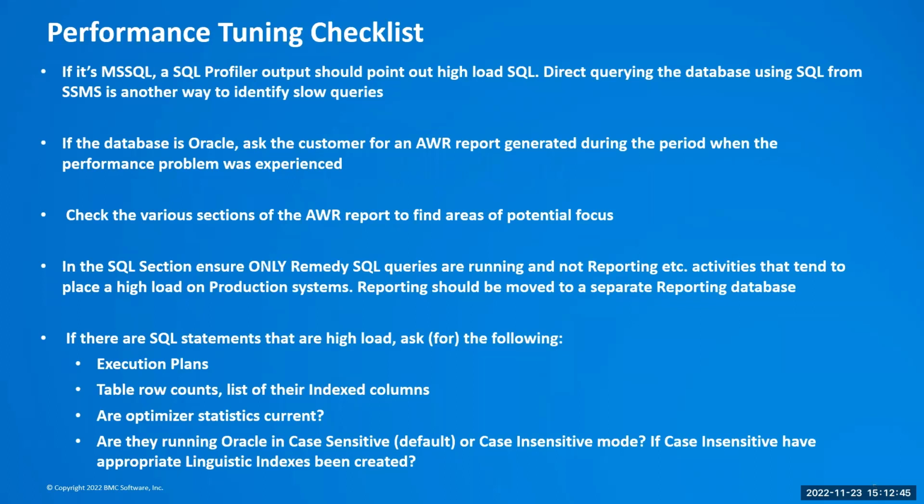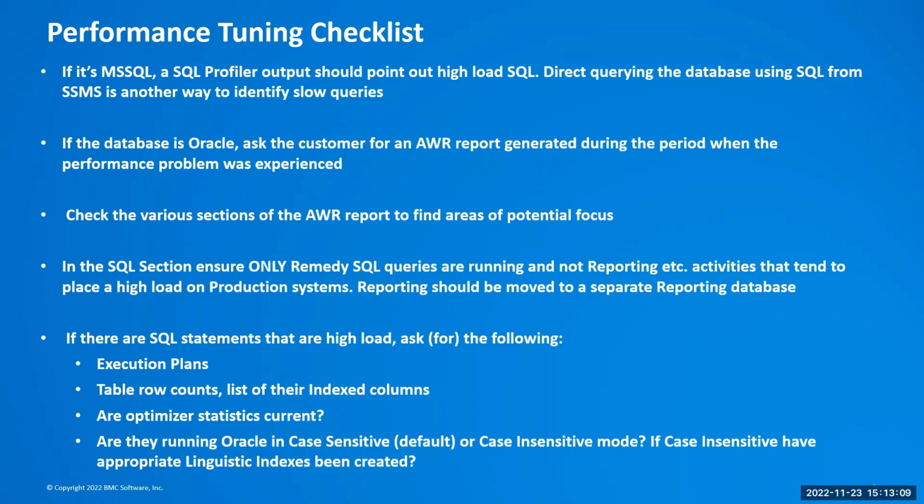If there are SQL statements with a high load, ask the DBA for the following: execution plans, or if you don't have the expertise to read execution plans, have the DBA help you generate and interpret the execution plans. Table row counts, and the indexes and the columns that are indexed on those tables.